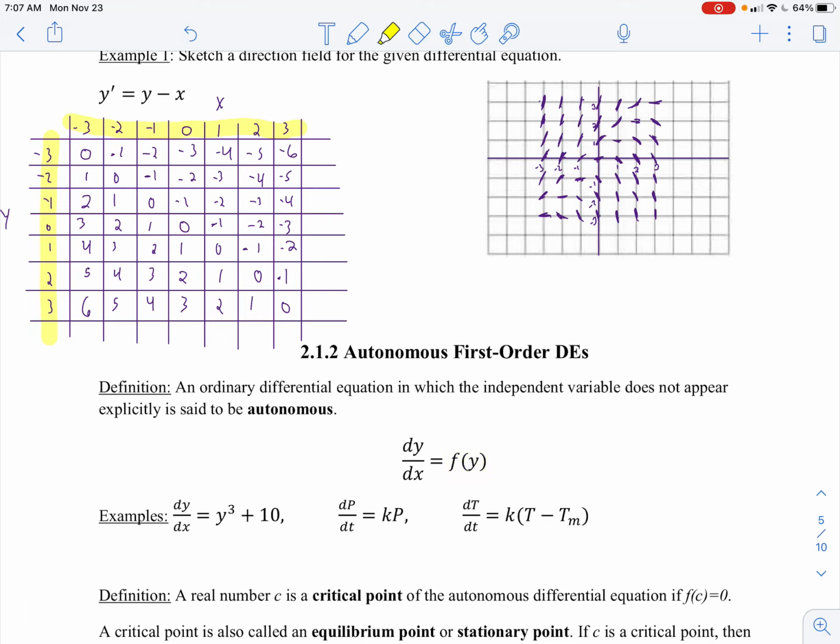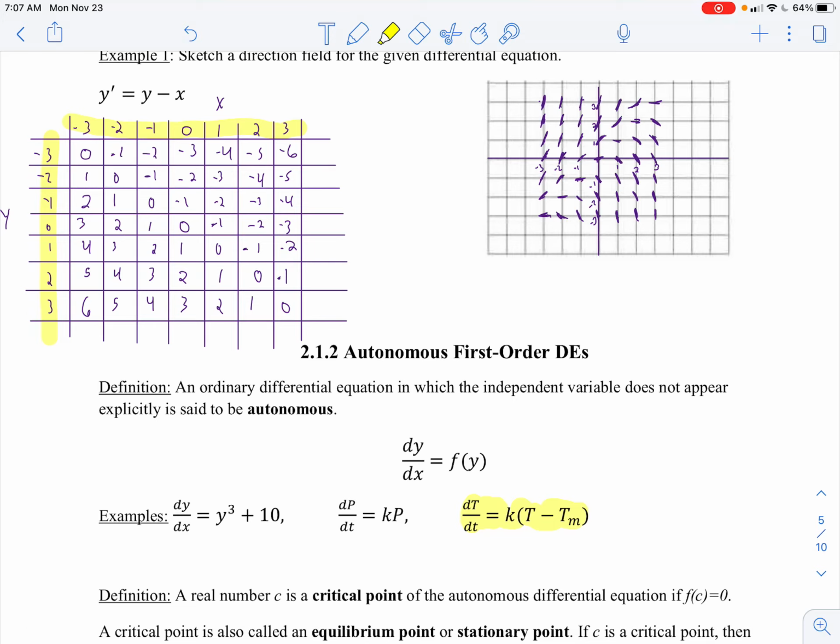Here we have dy over dx, the independent variable is x, and what it's equal to is going to be y cubed plus 10. Again, you don't see the x there. With dp over dt, t is the independent variable. Notice it doesn't appear on the right-hand side. And over here on the right, same thing: our lowercase t does not appear in what our differential equation equals.